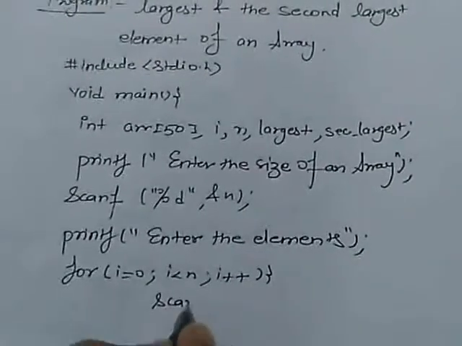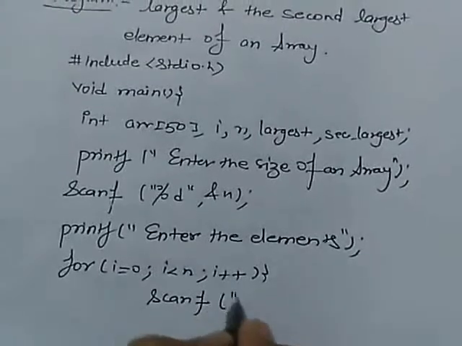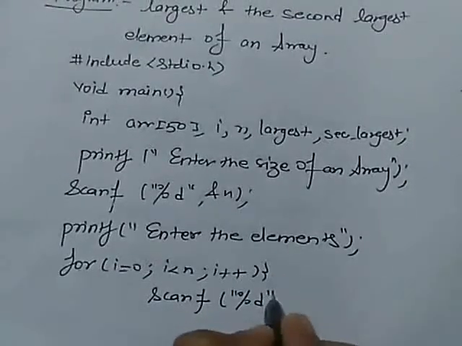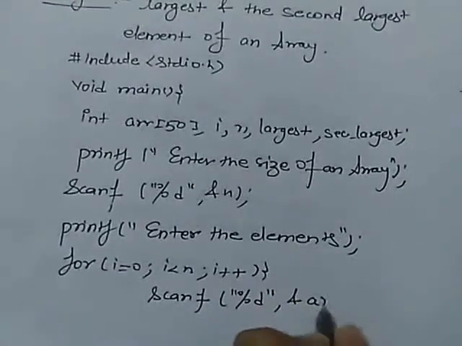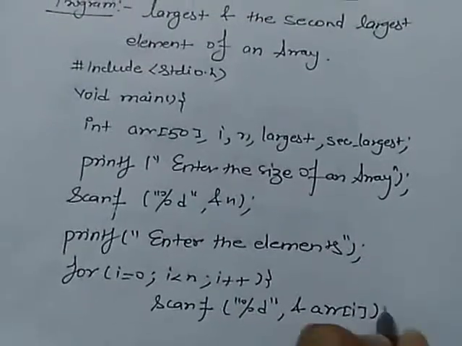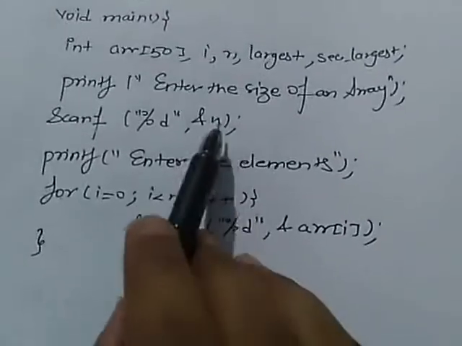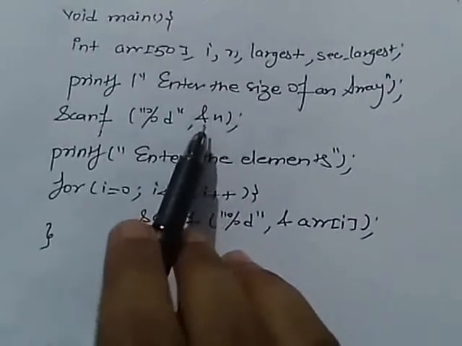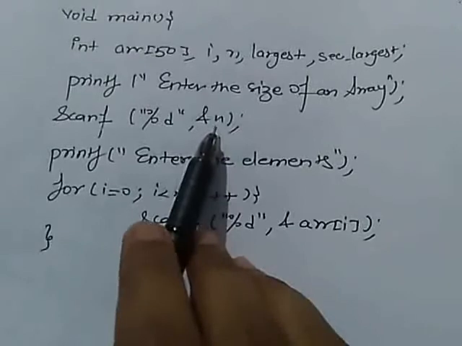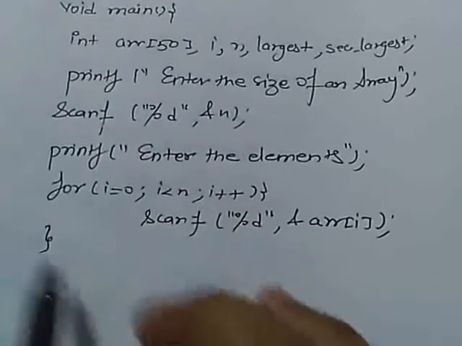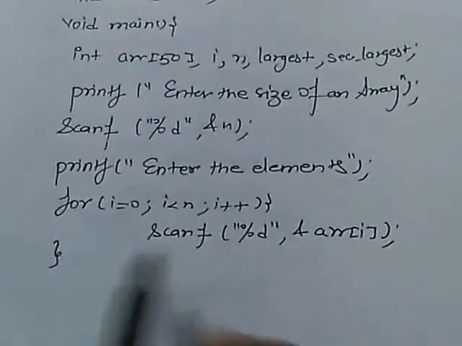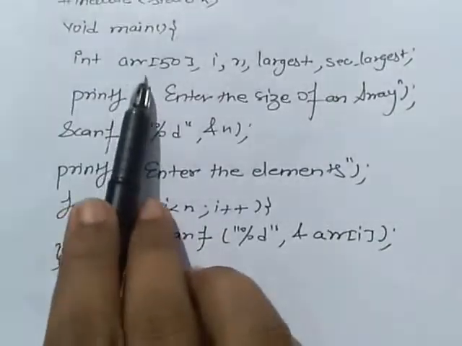Now scanf %d, address of arr of i. So it depends upon the size of the array. Suppose you have taken 20 elements, then this loop will iterate 20 times and the 20 elements will be saved in these locations.